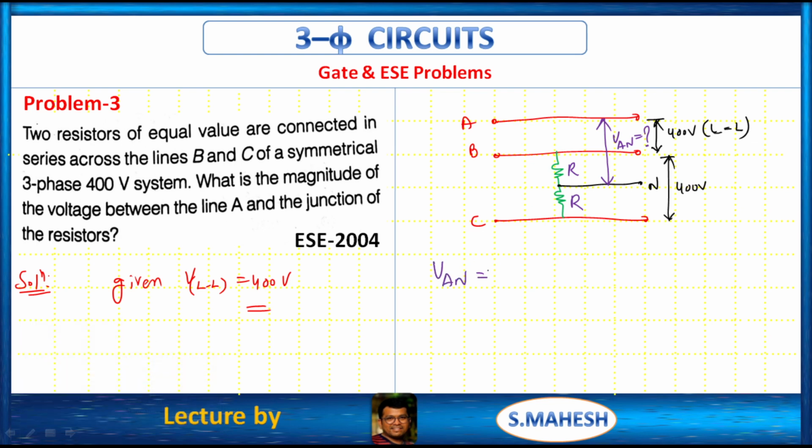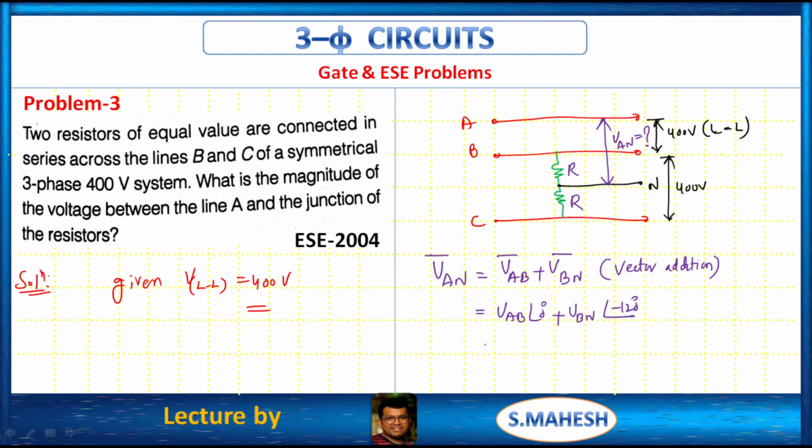VAN is nothing but what? Summation of VAB and VBN, right? Vector addition. Vector addition only. That is, let us say VAB is 400 at an angle 0, vector addition. This is what? VBN at an angle, let us say, minus 120.